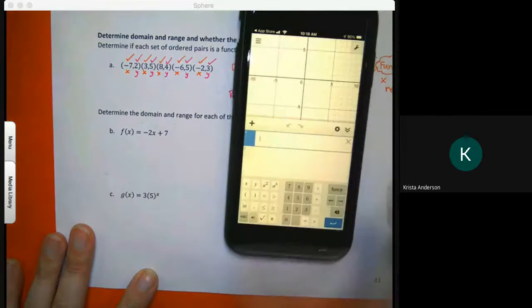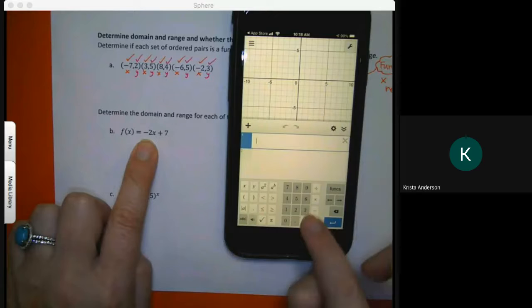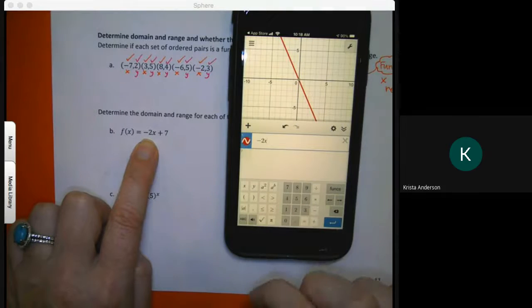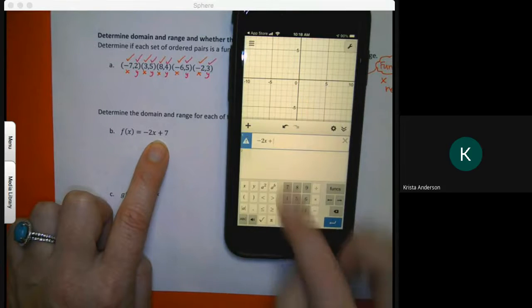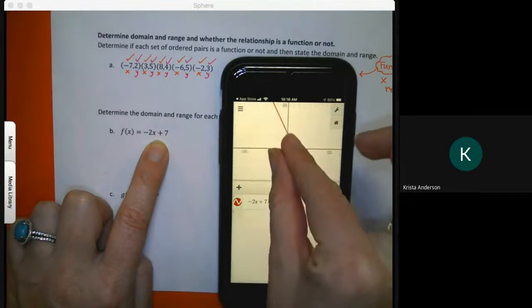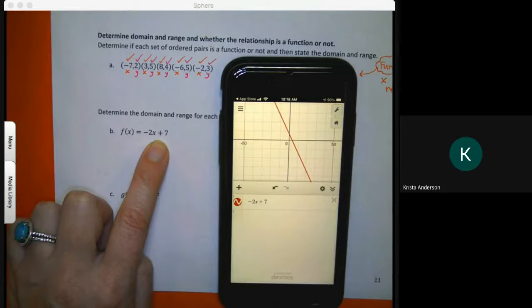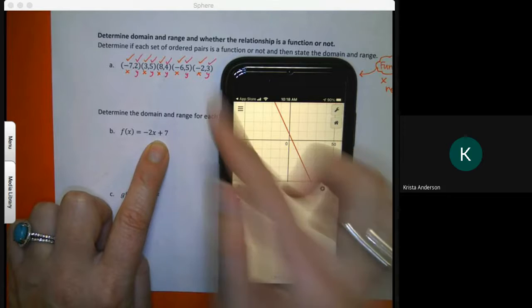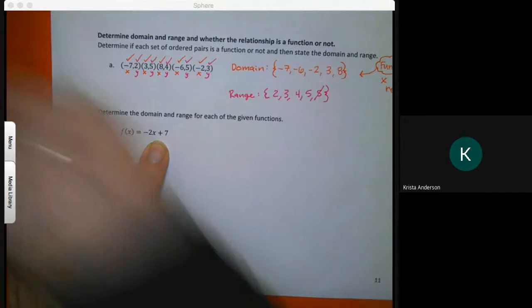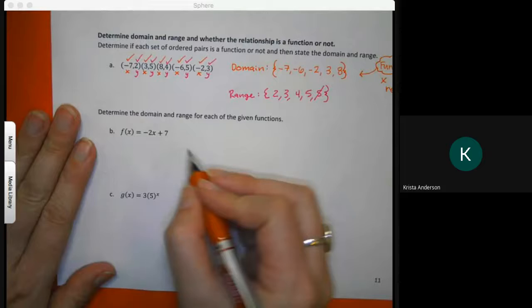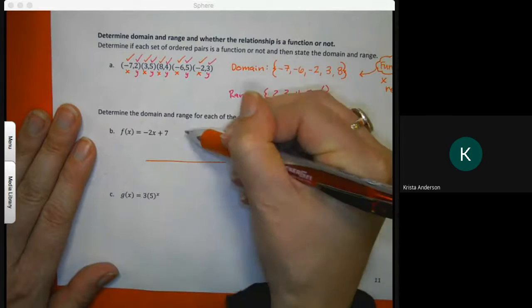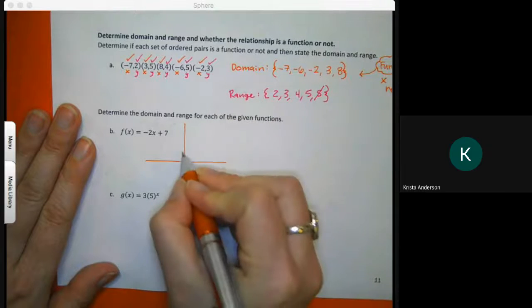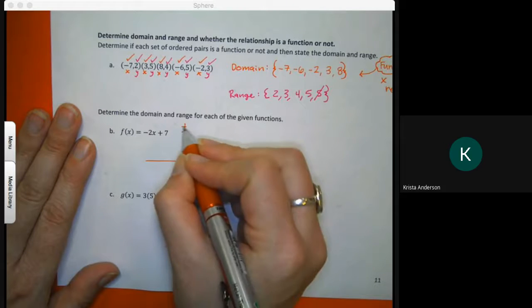When I graph f of x is equal to -2x plus 7, you will notice that my graph is linear and it continues left infinity and right for infinity. So I'm going to write a graph. 1, 2, 3, 4, 5, 6, 7.